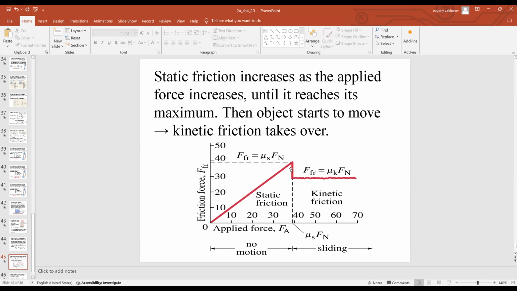That's the moment when it starts moving, and your static friction becomes kinetic friction. So no motion, and then boom, there is sliding motion for the table. So different values for static, same value for kinetic, but not more than mu times normal force.